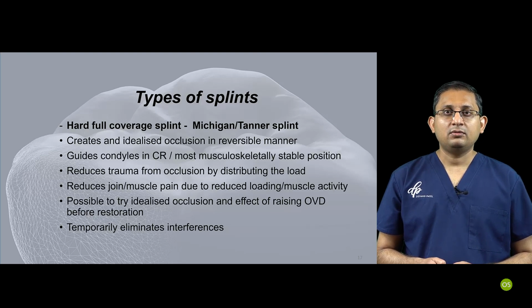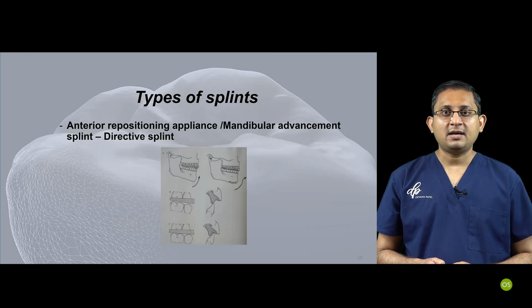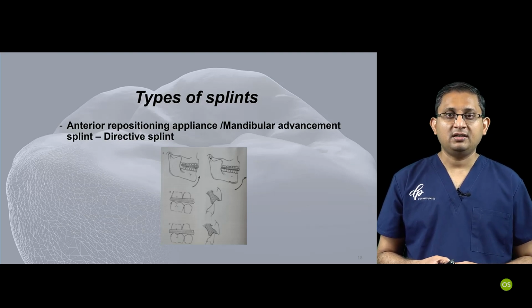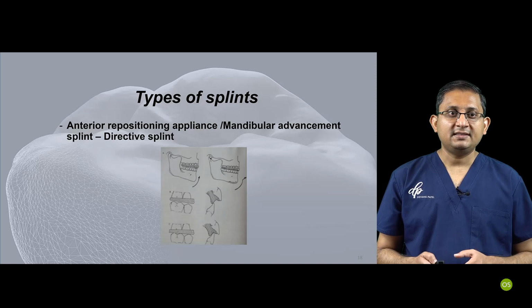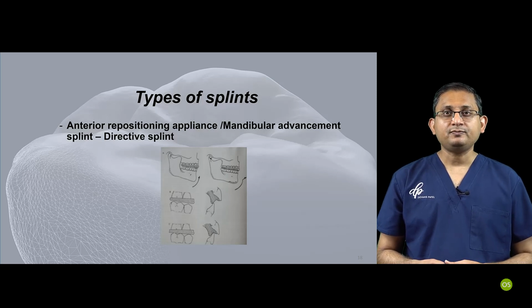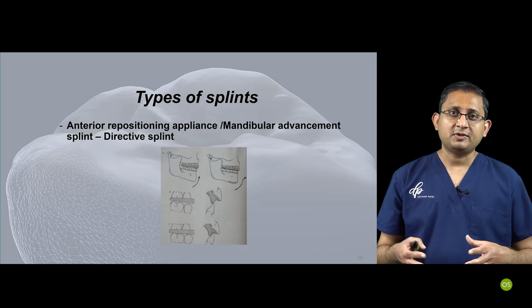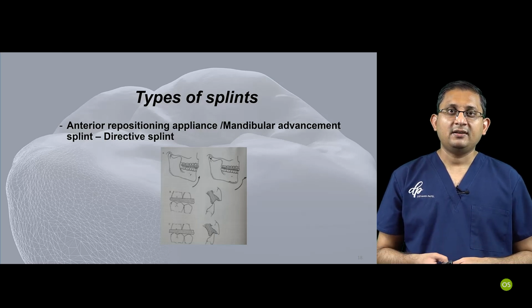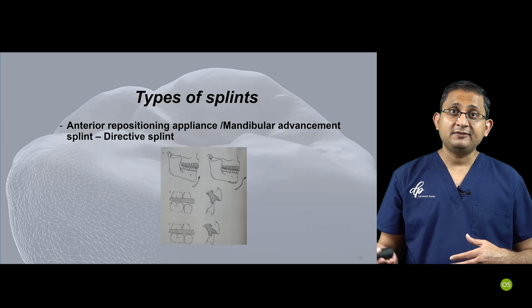Now, the other type of splint is the anterior repositioning appliance. Now, this is a directive splint. So there are two types of splints. You have directive and non-directive splints, or permissive splints.